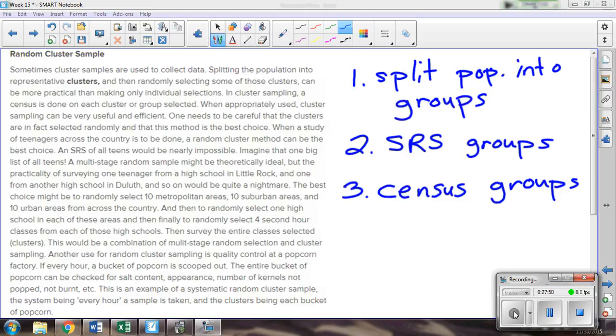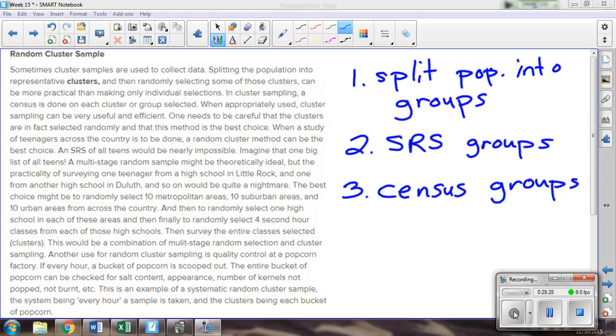So group A has all 4 classes, group B has all 4 classes, group C, group D. Every group is a representative sample of everybody. So you split the entire population up into mini subgroups that look like the population already. And then you randomly pick which one of those little subgroups. They're called clusters. You split them up into a representative cluster, randomly select a cluster, and then do a census on the cluster.